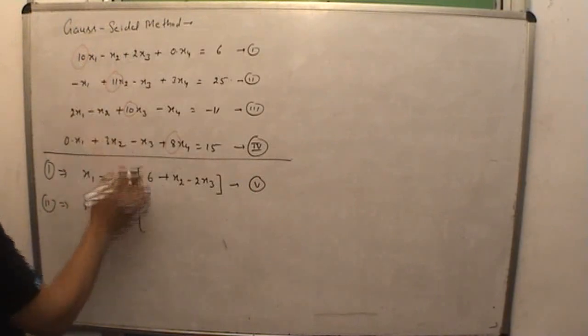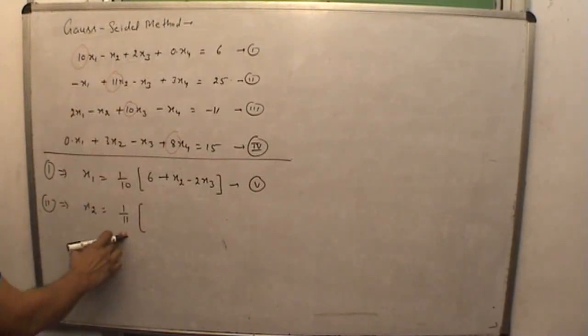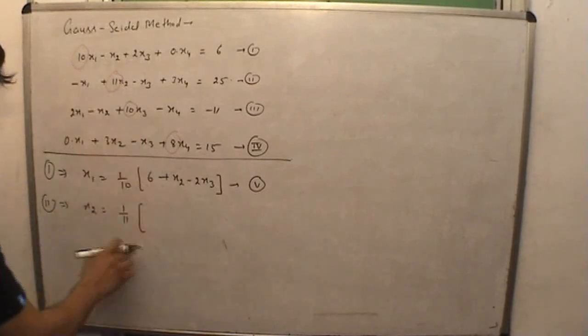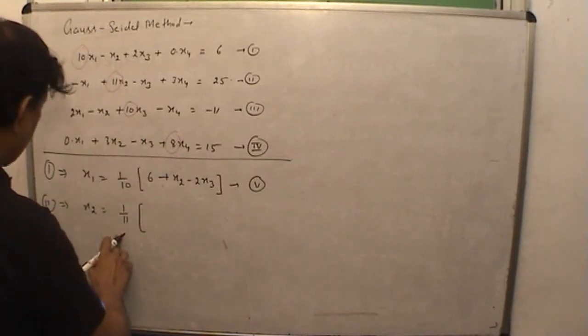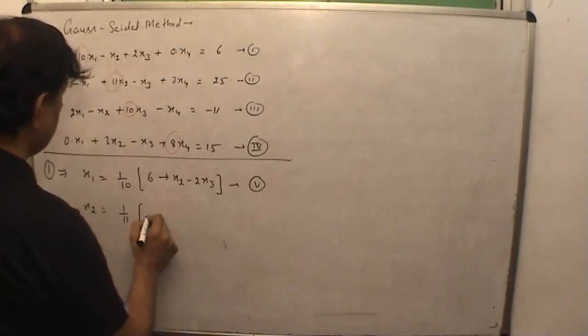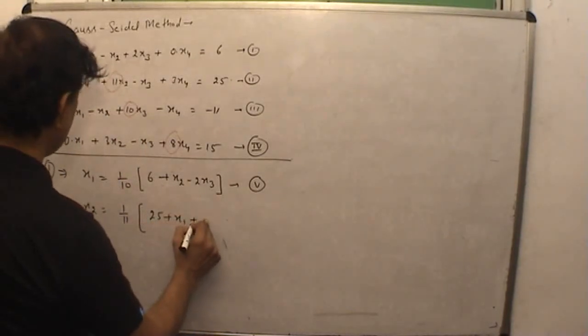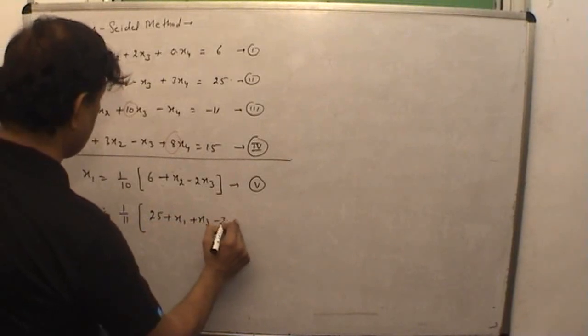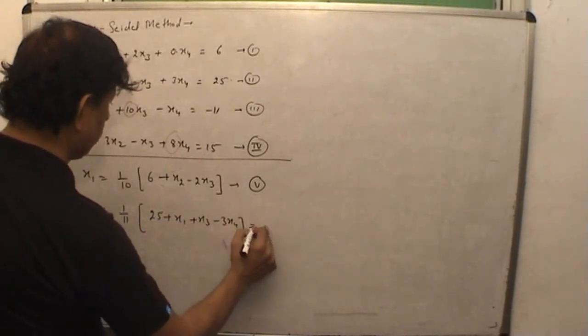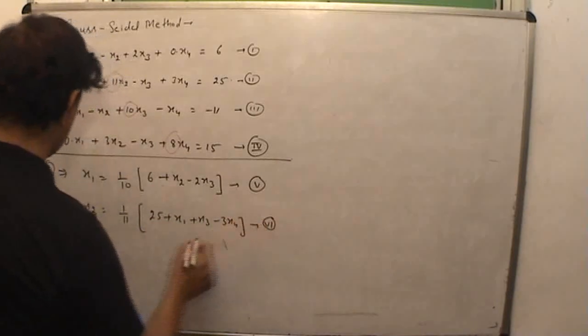These coefficients are always outside the bracket in the denominator, that I have marked as 1 by 11, into 25 plus x1 plus x3 minus 3x4, take it as number 6.